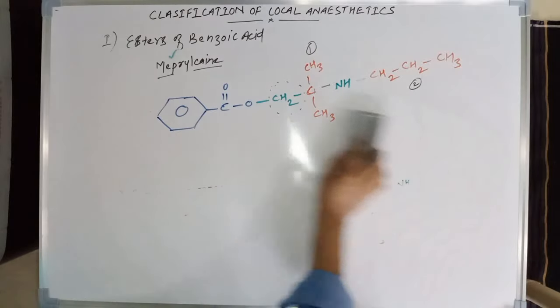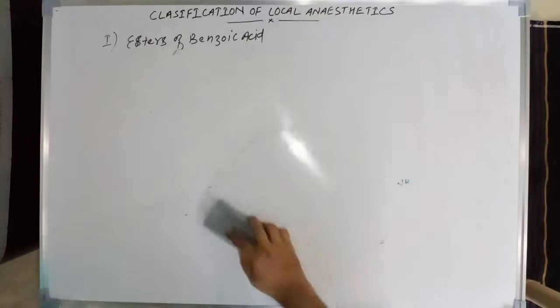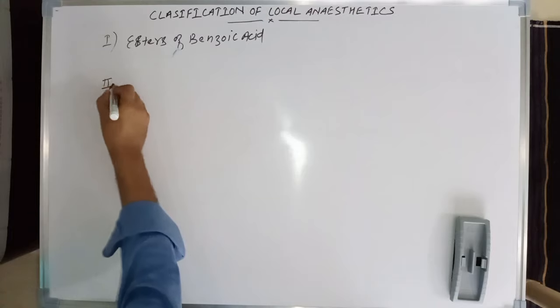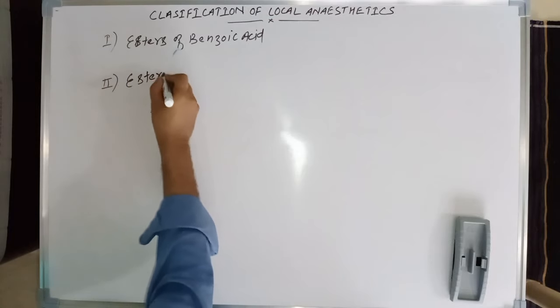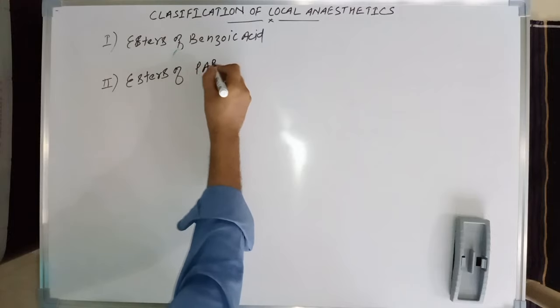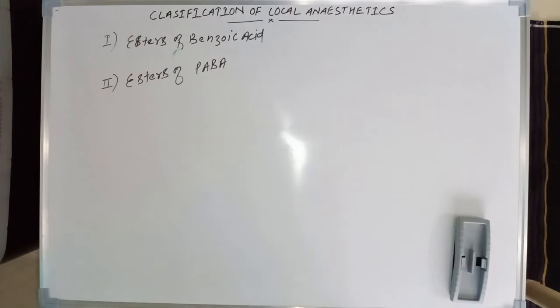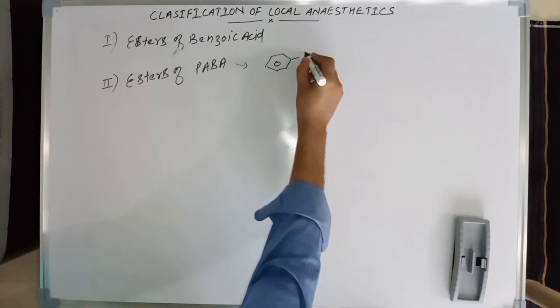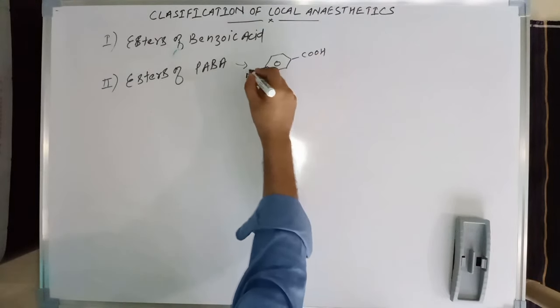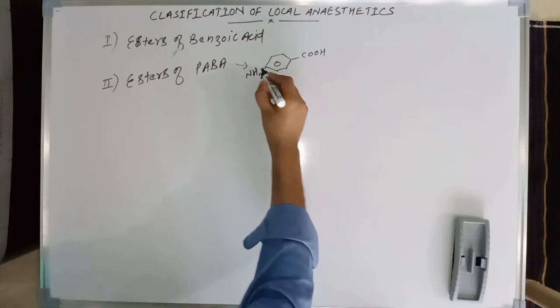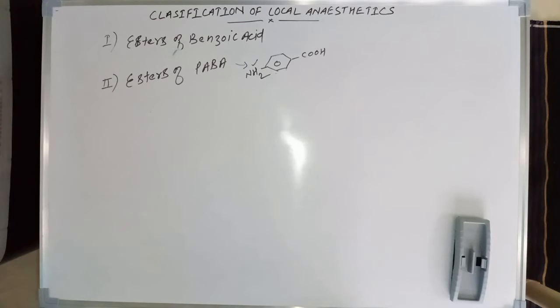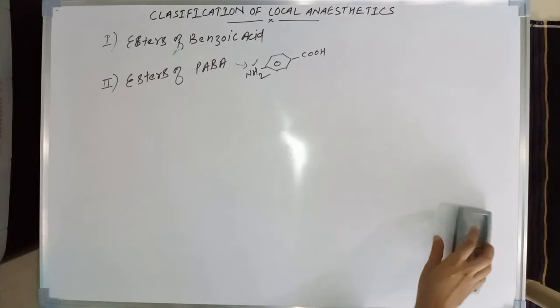Now the second class, class number 2, is esters of PABA. PABA is nothing but para-amino benzoic acid. This is ortho, meta, para. This is para-amino benzoic acid, this is your PABA. Most of the drugs included under esters of PABA have this basic skeleton.